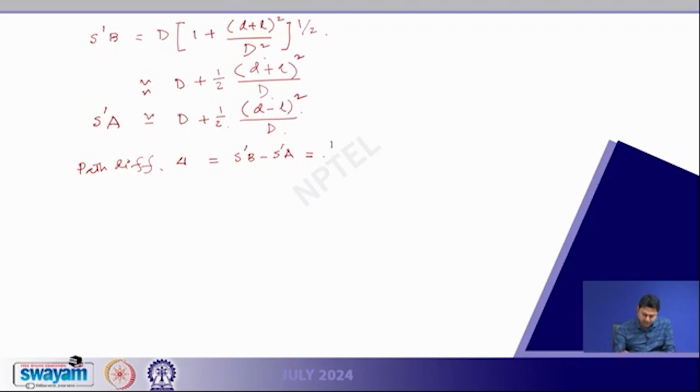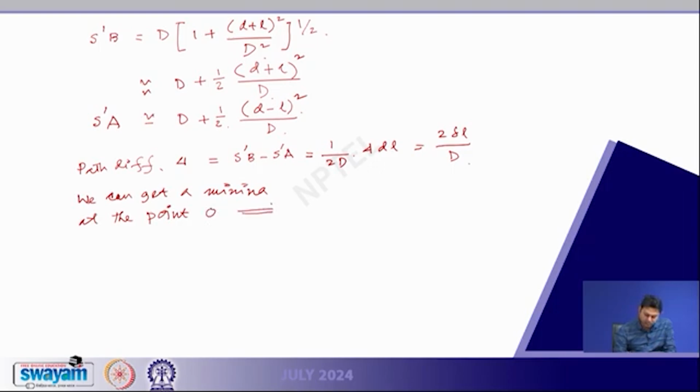It is essentially 1 divided by 2D and then 4 times D times L, or that is 2DL divided by D. Now we are going to get a minima at the point O when the path difference delta is equal to lambda by 2.